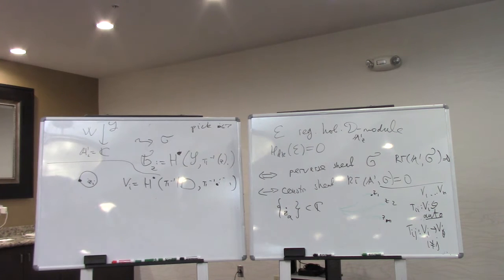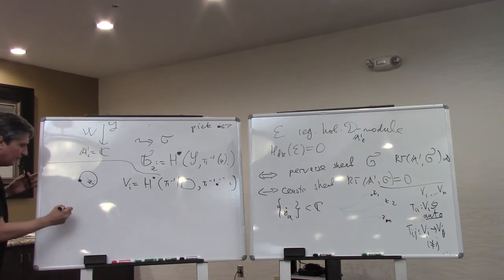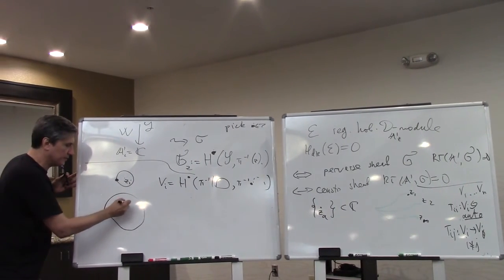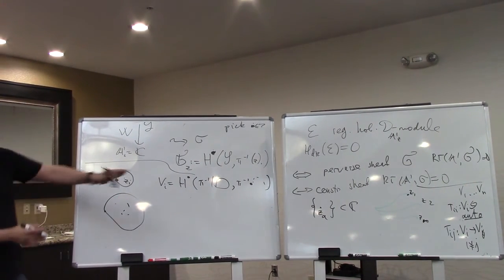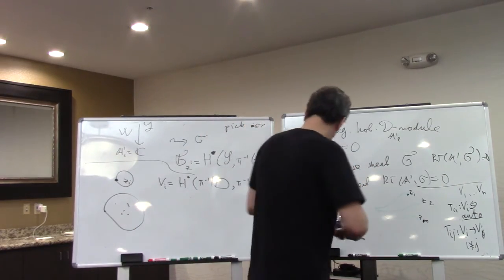Then one can go for an arbitrary disk which contains several z_i, and if you play this game, you get this data, and conversely, with this data you get these sheaves.